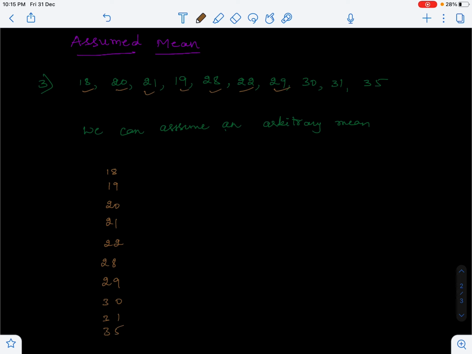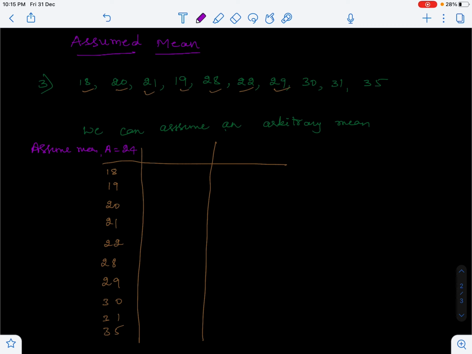In the assumed mean method, first we select an assumed mean. In this case I am choosing the assumed mean as 24. I can choose 25 also, no issues. I can choose 18 also, no problem. I can use 35 also, no problem. You can choose an arbitrary mean. So I am choosing 24.